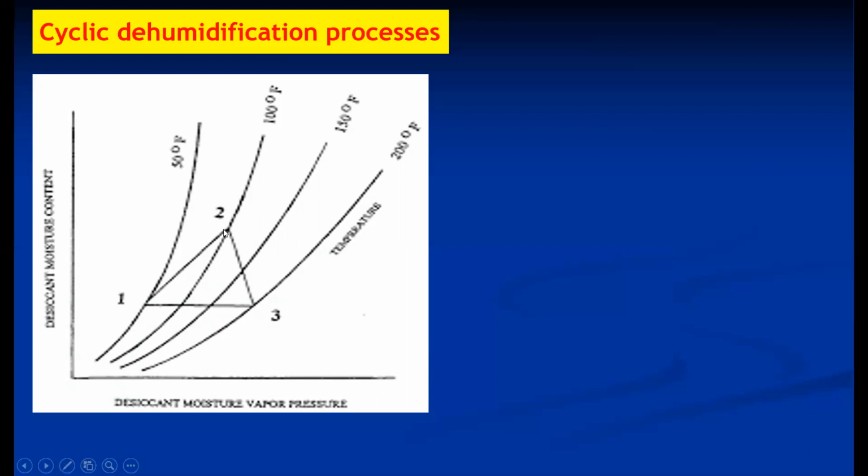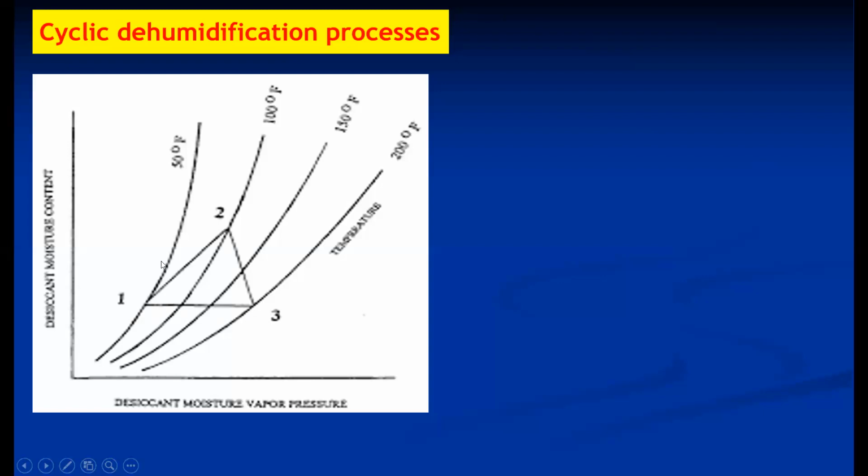So obviously it gives up, and because it is exposed to the high temperature, its vapor pressure slightly increases here, and its temperature also increases. So 2 to 3 process is called as a desorption process. During this process, the desiccant material gives up its moisture to the air. And then finally, to come to the initial point, there is a cooling of this desiccant material to complete the cycle.